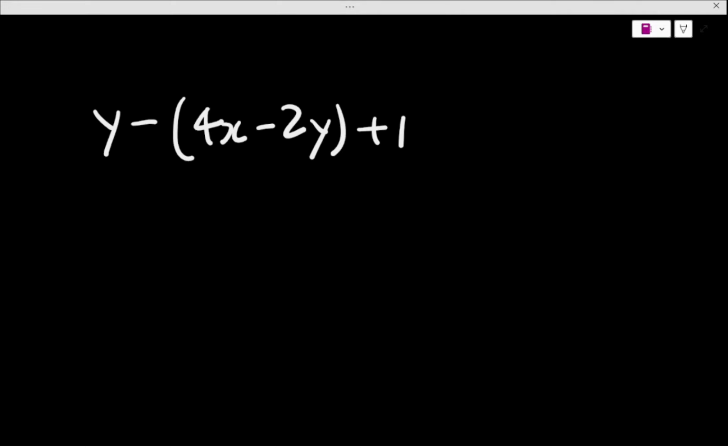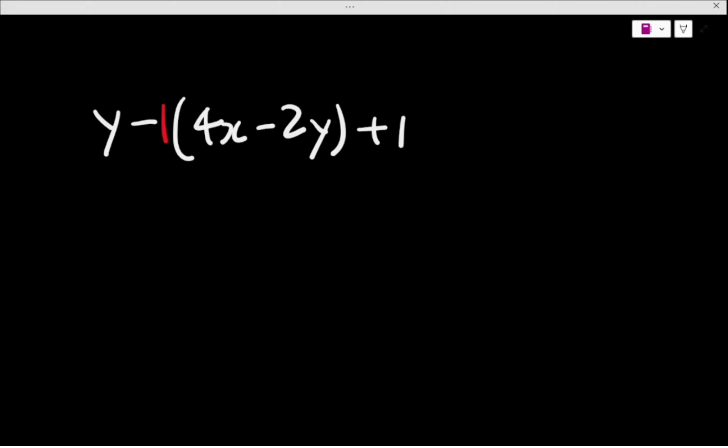Why do we have multiple things inside a bracket and where's the number? Well, actually, realize that when we have a minus something right here, there's an invisible number 1 here. So actually, it's just y minus 1 times 4x minus 2y.